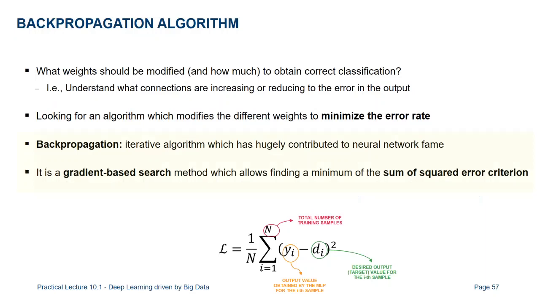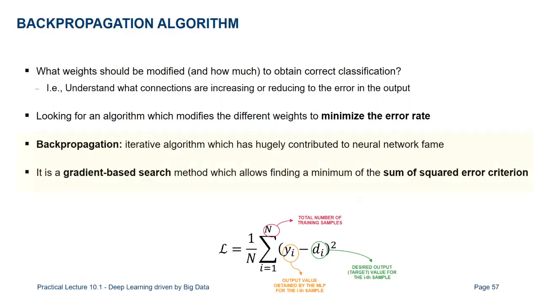And for doing this, of course, we need to talk about backpropagation. So the question again: what are the weights that should be modified, the weights that will allow us to make correct classification?